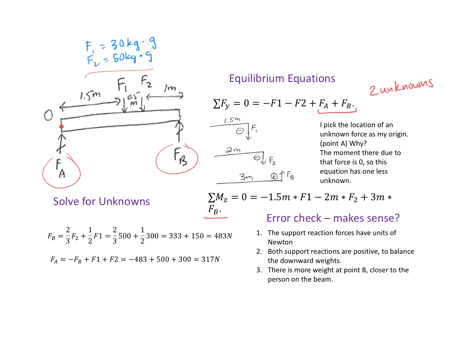I do that in order to have no unknowns from FA, or to take that one out of this equation. So FB should be the only unknown in my moment equation. And the reason FA's moment is 0 when that's the origin is because that force goes right through the origin, and so it doesn't create a moment.